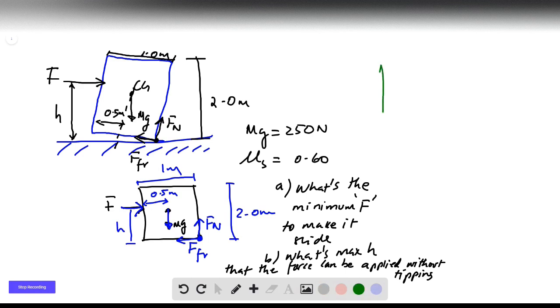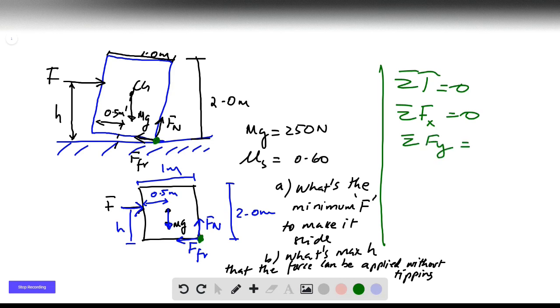The box is in equilibrium, so the sum of torque around any point, most probably we're going to take it around this edge, is 0. And then the sum of forces in the x is also 0, and the sum of forces in the y is 0.